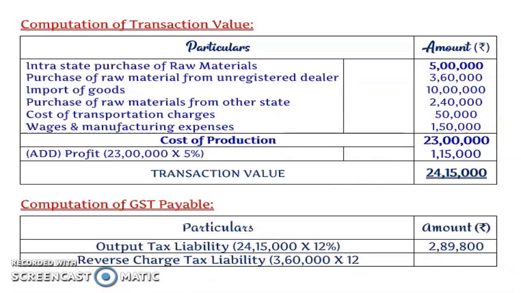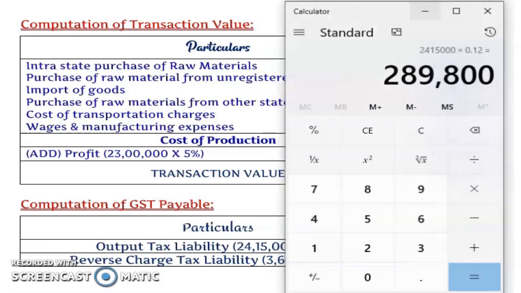Okay, so let us find out the reverse charge tax liability. So on 3,60,000, 12%, we are assuming it is the same rate because information with respect to the tax on the raw material they have not given. So we will be taking the same rate. On 3,60,000, 12% we need to find out.